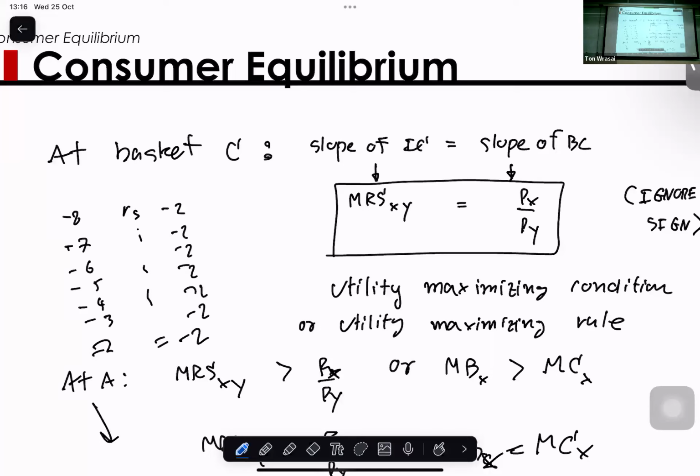You too, what is MRS? This side said MRS is the opportunity cost of good X. How about you guys? What is MRS? You first. What is MRS?